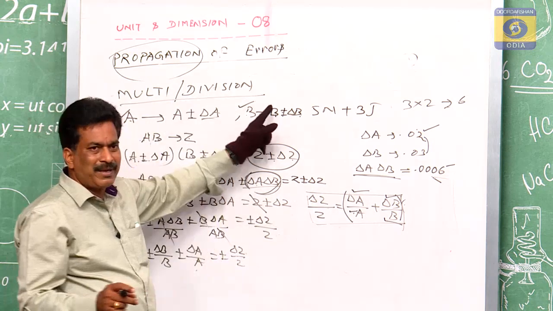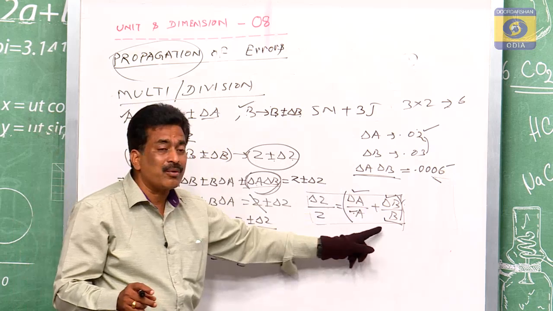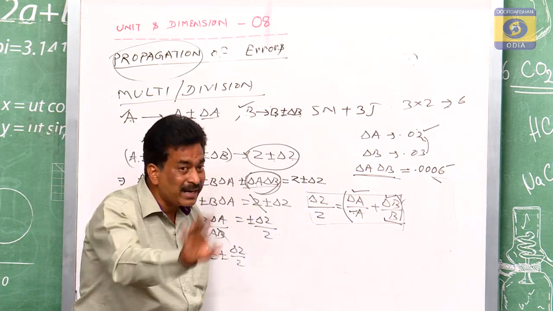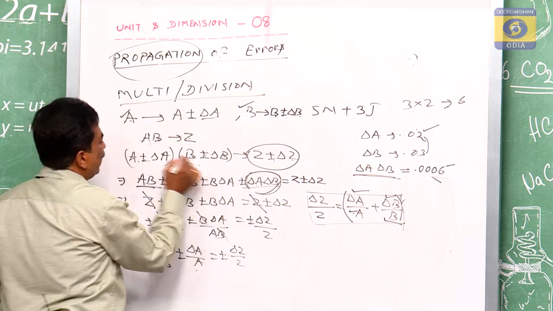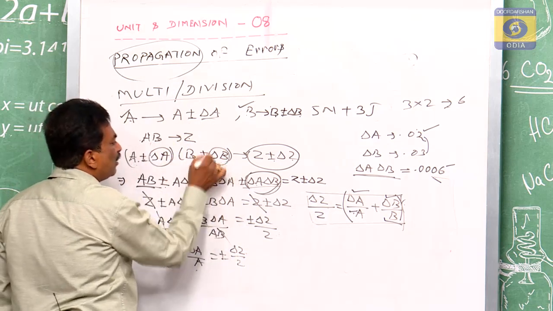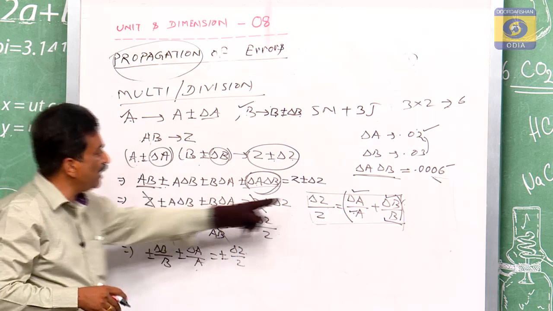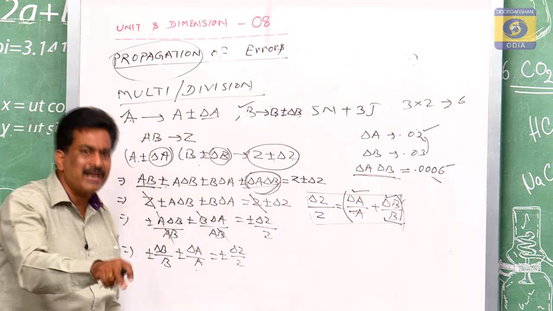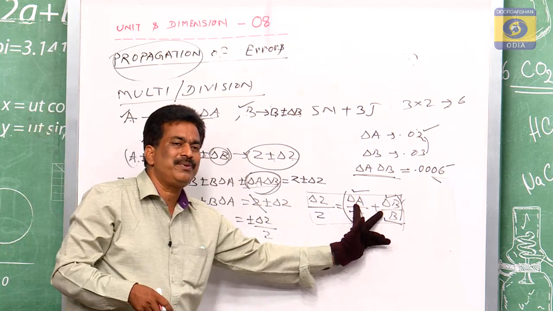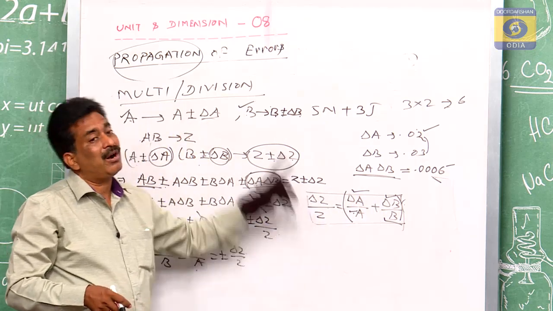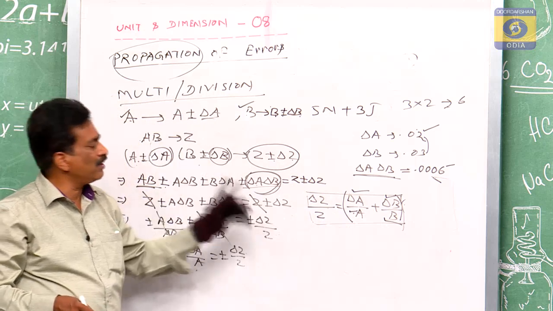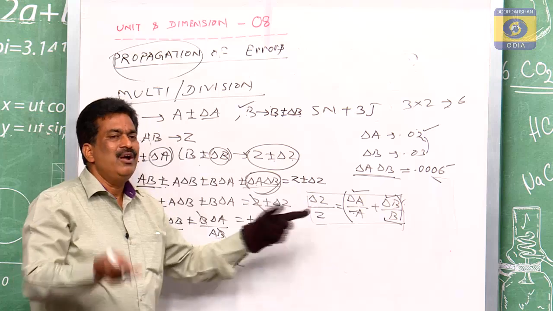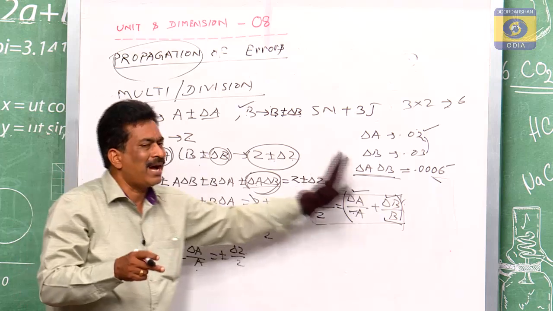So when multiplication is there, the error quantities are to be added, but not directly del A and del B. Here del A by A means relative error, and del B by B means relative error. Relative errors are added to get the relative error of the multiplication, then you multiply by Z to get del Z, which you add to the real value.